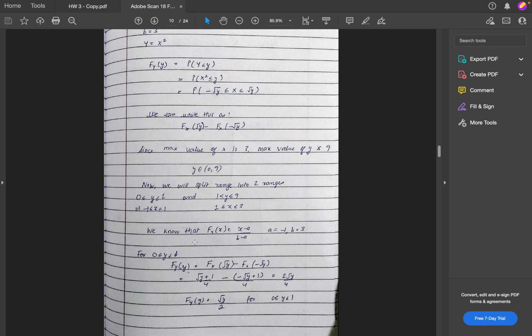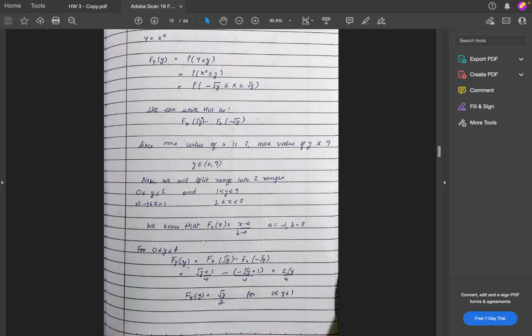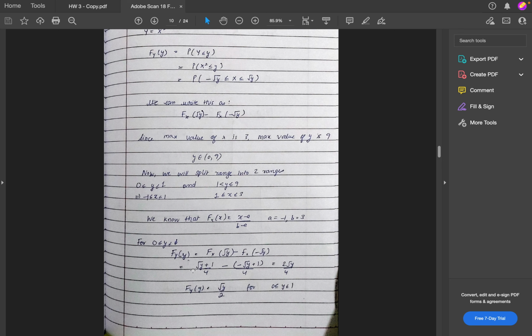Now first we'll consider the range of 0 to 1. In this equation we can plug in the values of F of x equals x minus a upon b minus a.